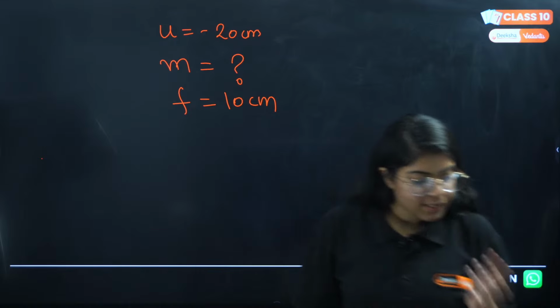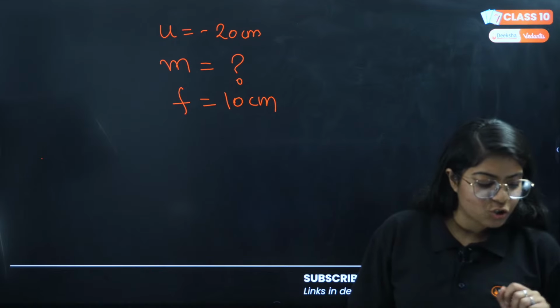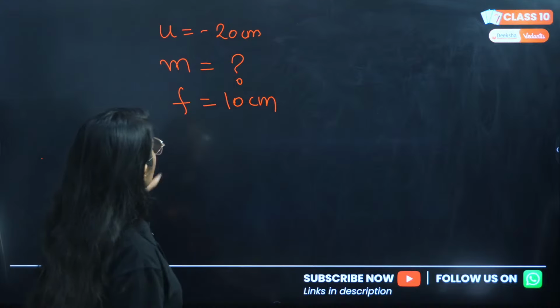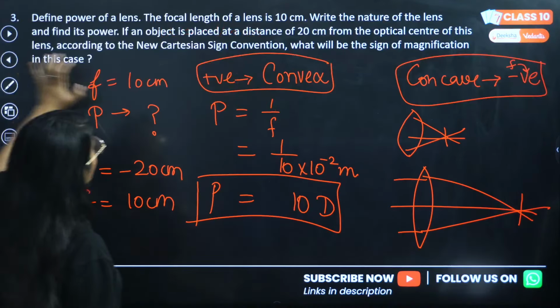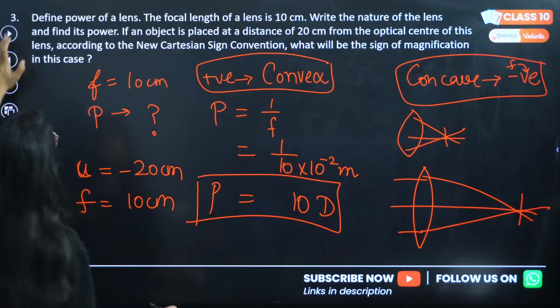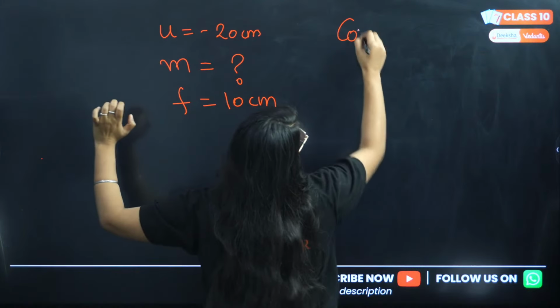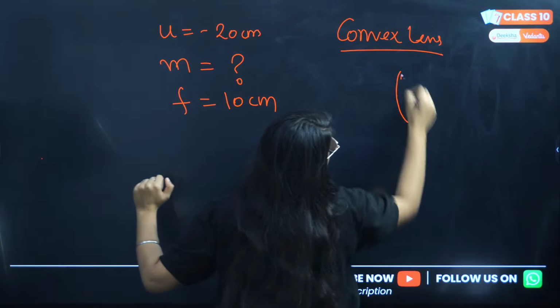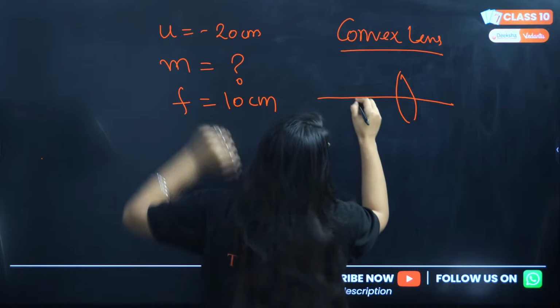Okay. Yes, correct. Sanu said m is h2 by h1 equals v by u. That is correct. We just need to tell the sign of magnification. So in this particular case, we have a convex lens. And for a convex lens, the object is placed beyond the focal length.